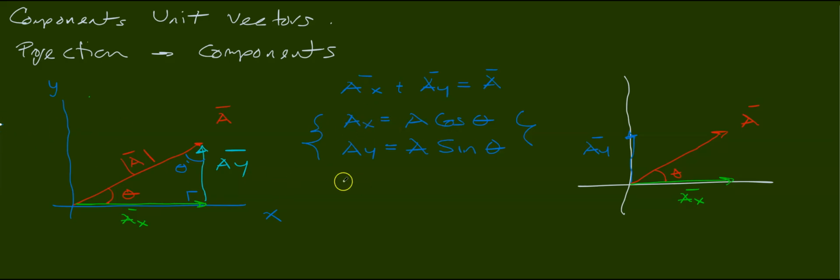But if you get the components first, right, you know what AX is and what AY is, you can always go back, just like we did before, and use a little bit of Pythagoras here, and then find the magnitude of your vector, and then find the angle of your vector, right? Which is the same thing we did in the last video.